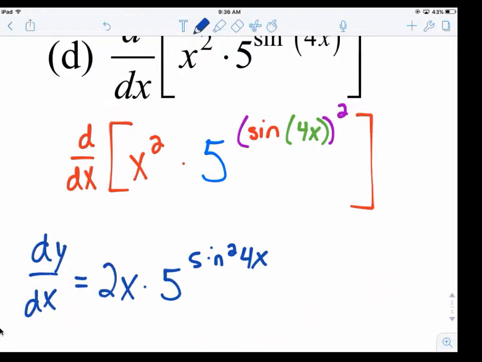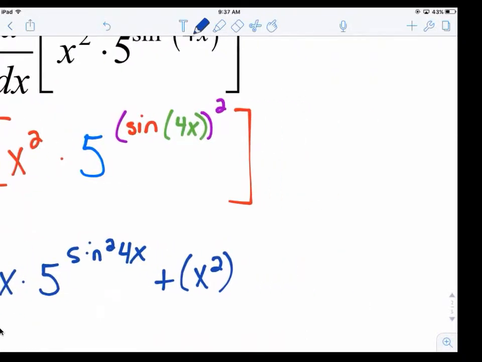So I'm just rewriting it like the original problem. So derivative of the first times the second. Plus now first. Now derivative of the second.